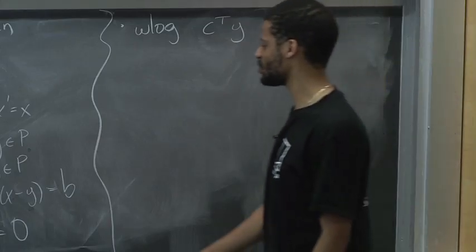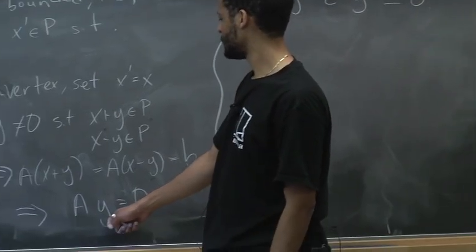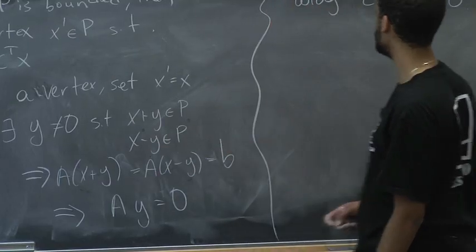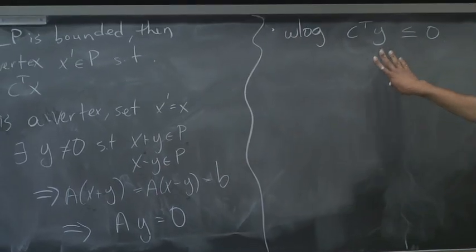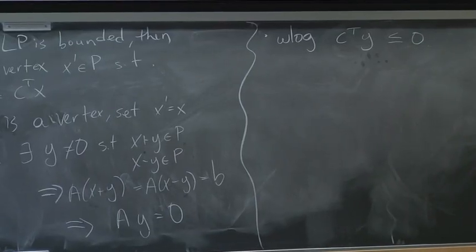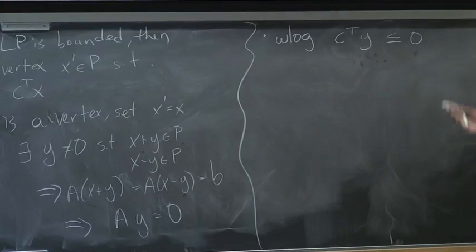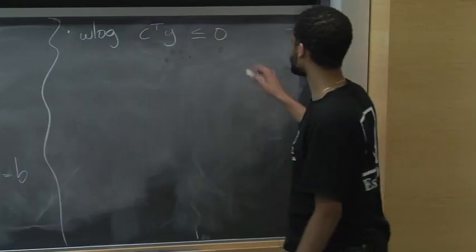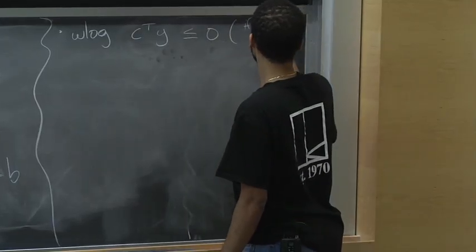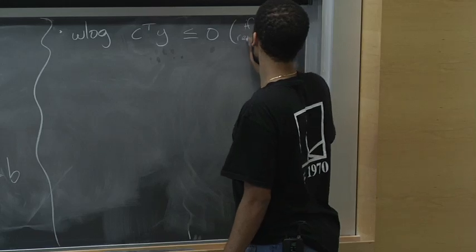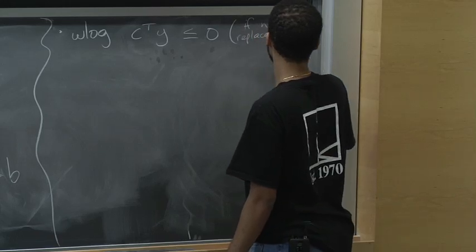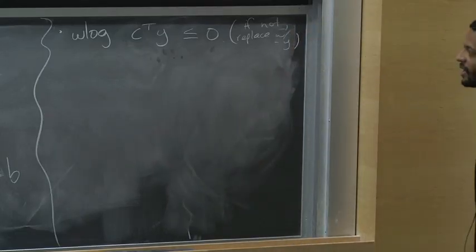We had this Y such that AY is 0, and X plus Y and X minus Y are in P, and I claim that we can assume that C transpose Y is non-positive. Why? If Y doesn't give it to you, then minus Y will. So if not, replace Y with minus Y.